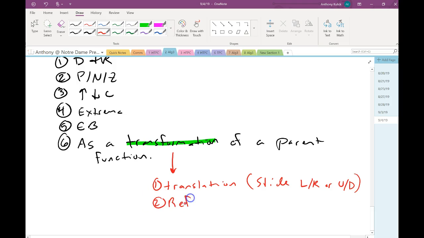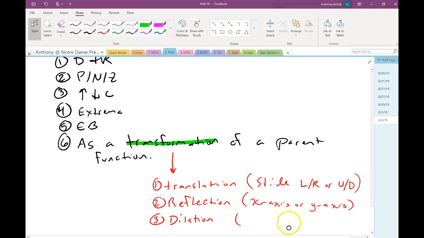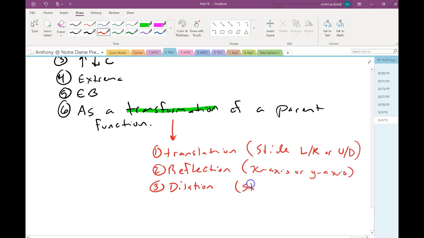We talked about reflections across the x-axis or y-axis. And we talked about dilation. Again, they could stretch or shrink, get bigger or smaller in the horizontal direction or vertical direction. So you could stretch this way, or you could stretch that way. Everybody okay with that idea?